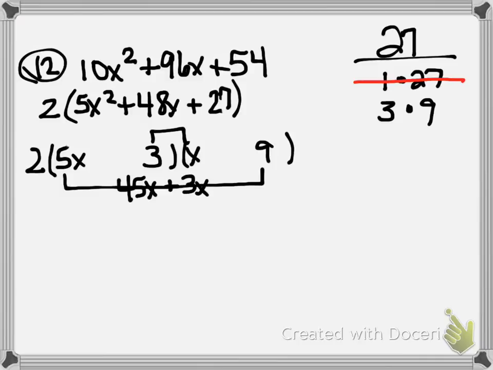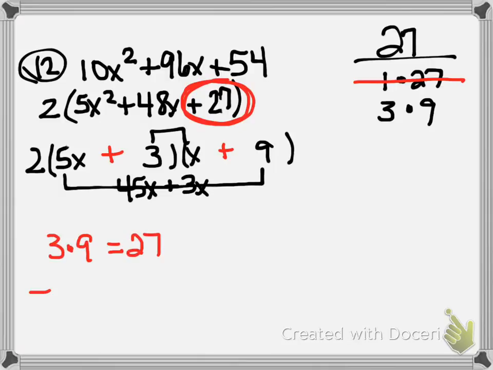So now I want to look, is the product that I'm trying to reach positive or negative with my constants? And it's positive, so that would be a positive 3 and a positive 9. It could, however, be a negative 3 times a negative 9. Both of those give me positive 27.